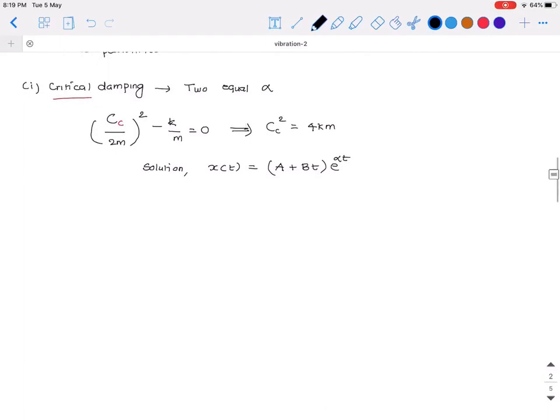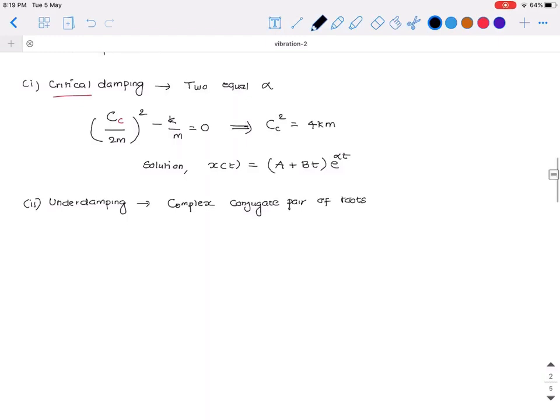Okay, the second possibility is under damping, which means that for alpha we have a complex conjugate pair of roots.